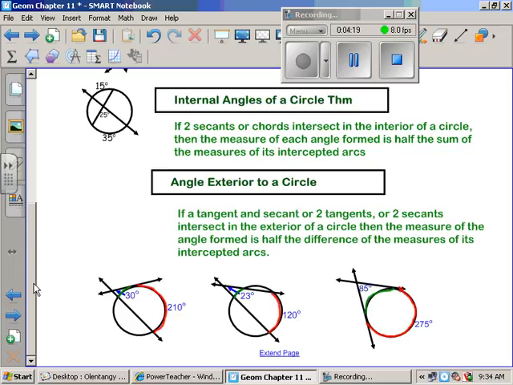Alright, and so like on your homework tonight, again, not only are they going to ask you to find a missing angle, they're also going to ask you to find missing arcs. So how would I actually work that? How can I find that? Well, that's a bad example because I just subtracted 260. How about this one? How could I find this green arc here?